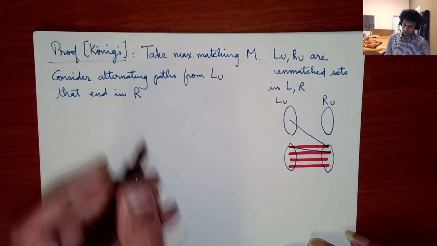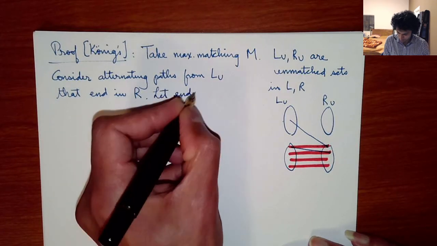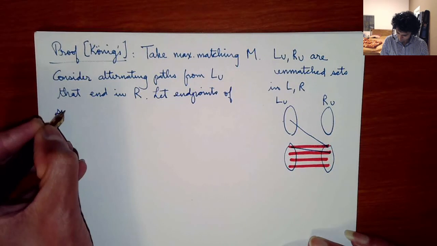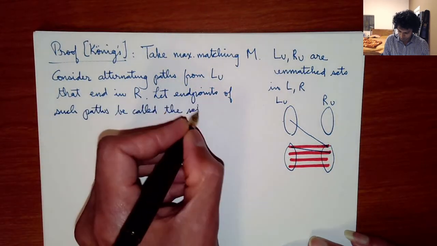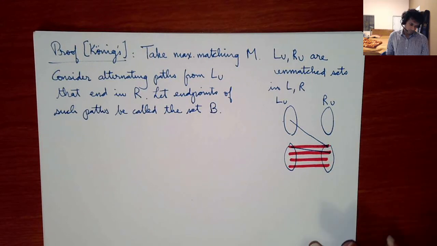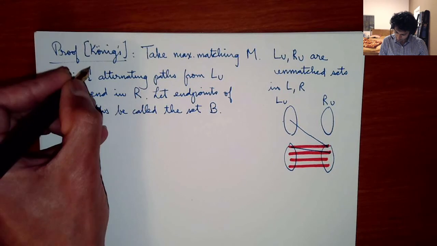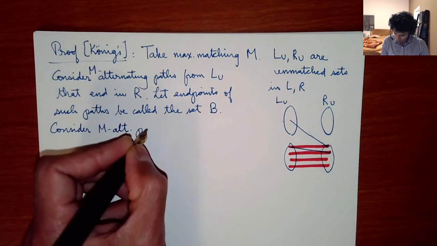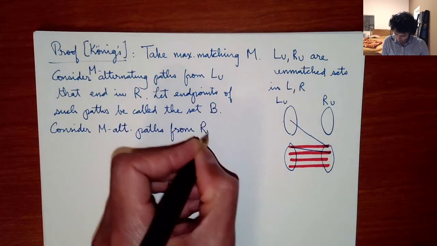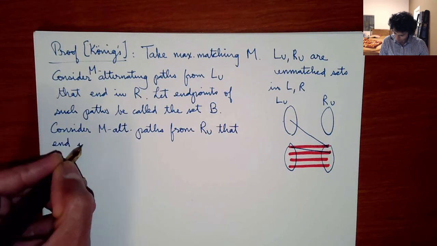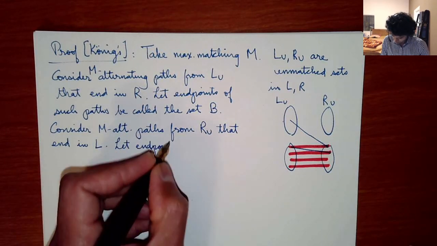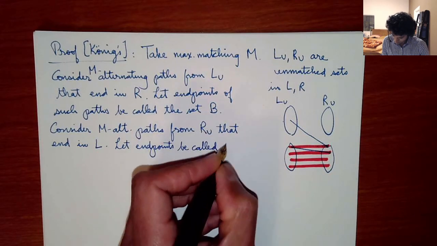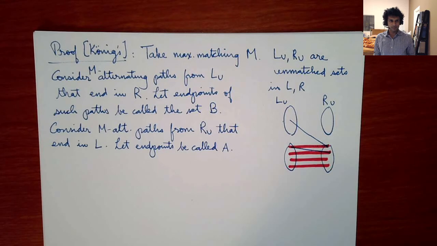Let the endpoints of such paths be called the set B. And then consider M-alternating paths from RU that end in L, and let the endpoints be called A. This is slightly clunky wording on my part, but the set of endpoints of such paths is called B or A.